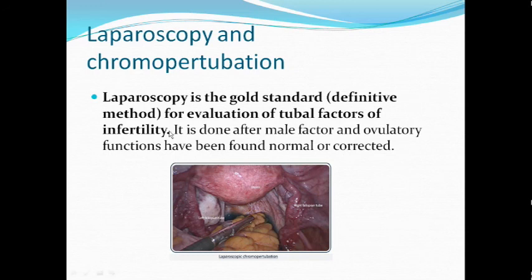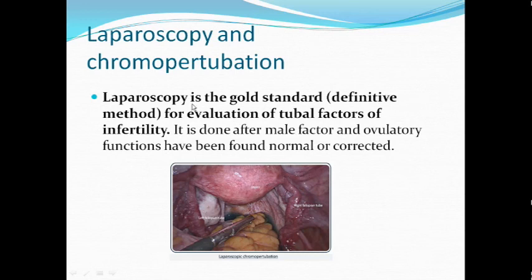Here by laparoscope, if you are in the peritoneal cavity, this is the picture of the uterus and this is the posterior view. So by posterior view only you can see this ovary. So this is the uterus, this is the pouch of Douglas, this is the tubes and this is the round ligament anteriorly.